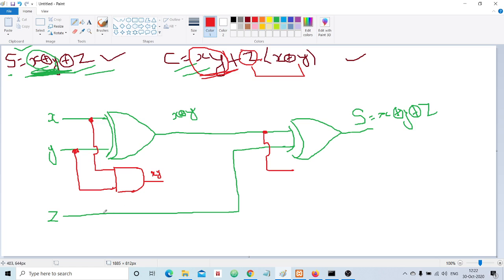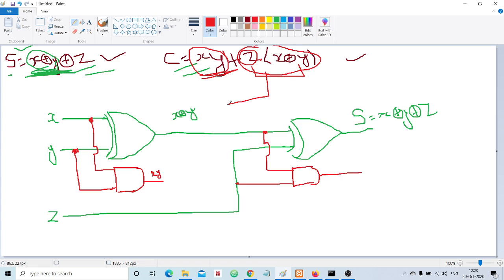This is the line which will provide you the z signal, correct? So I will take z from here. Okay, and what we have to do? We need to perform an AND operation. So an AND gate, AND operation between x XOR of y and z. Okay, now we are getting this term, z ANDed with x XOR of y, here.